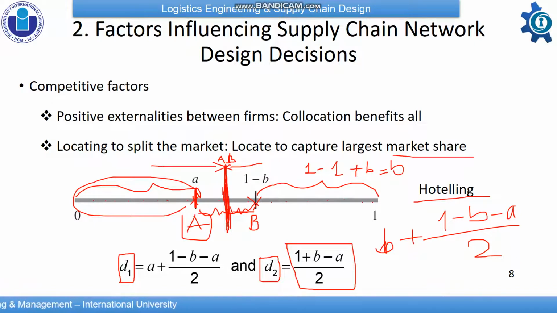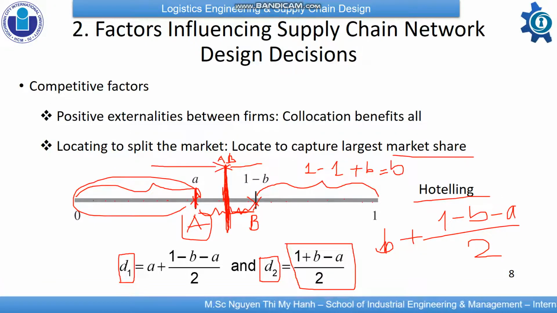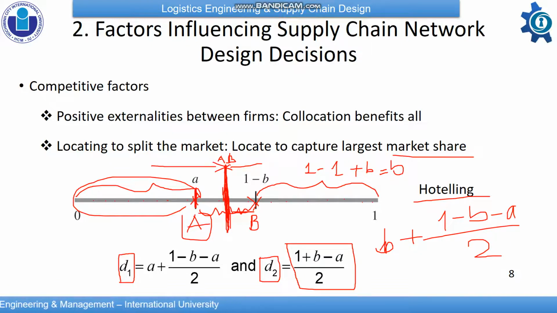Maybe the proportion will be different, and we will learn in the next lessons how to split the market based on the price. Okay, so we just went through the role of network design decisions and what kind of factors influence the supply chain network design decision.